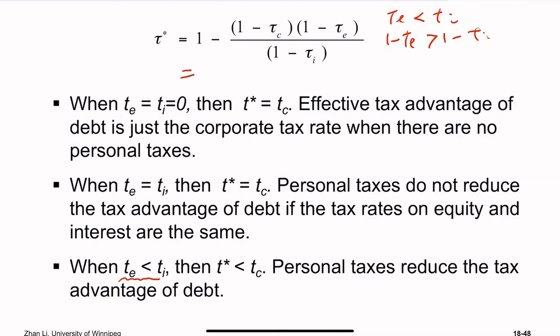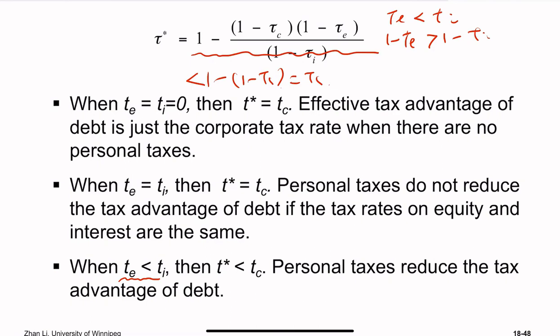So this basically says this formula will be smaller than this, which equals TC. So basically this implies if the tax on equity income is smaller compared with the tax on the interest income, then personal taxes will reduce the tax advantage of debt.